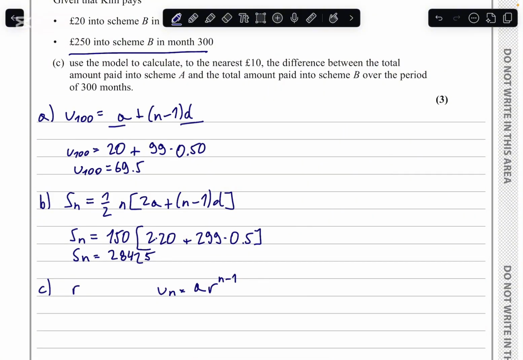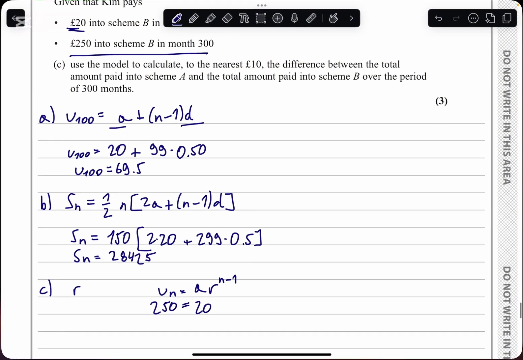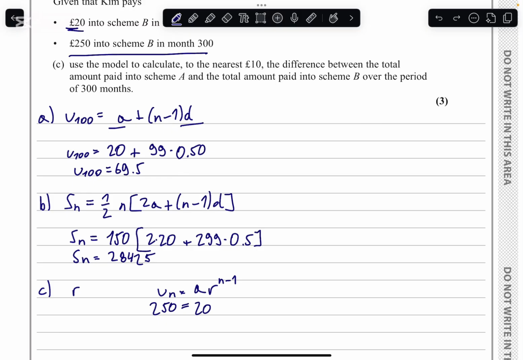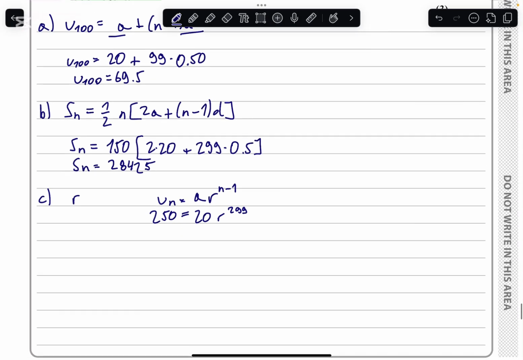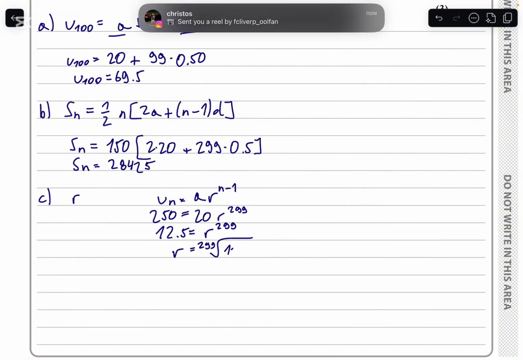So we know that when n is 300, Un is 250 and a is 20, and we can say r to the power of 299. Then we go ahead and rearrange that: 12.5 is equal to r to the power of 299, and r is the 299th root of this.